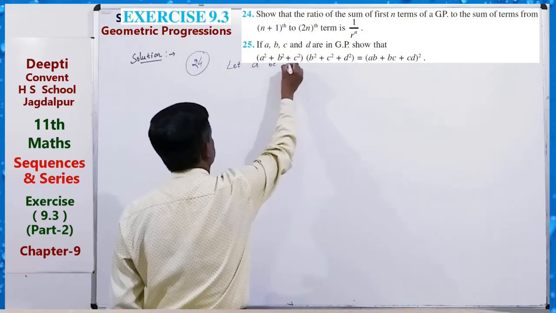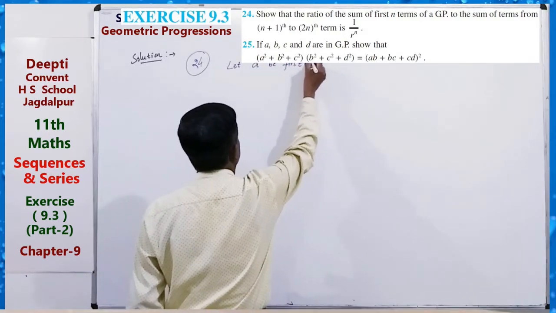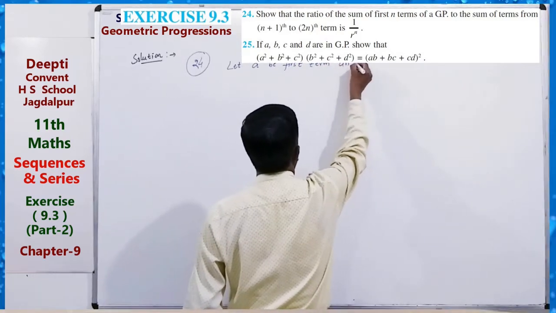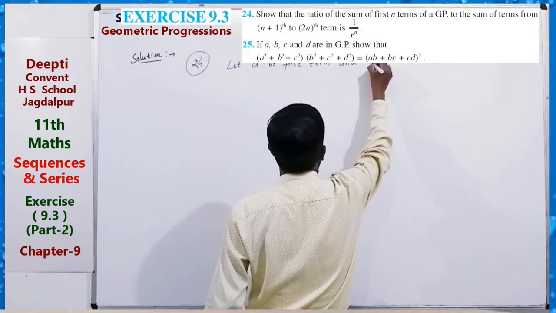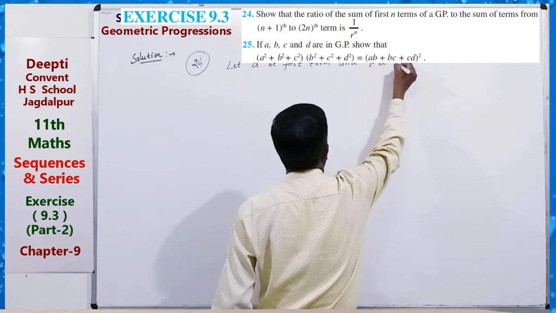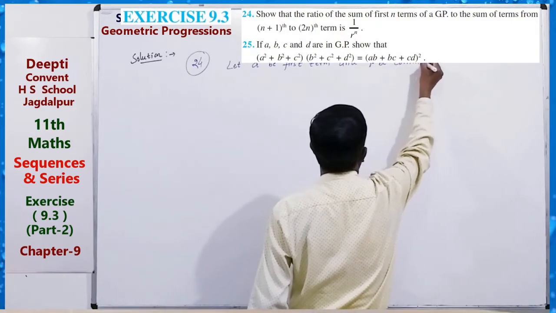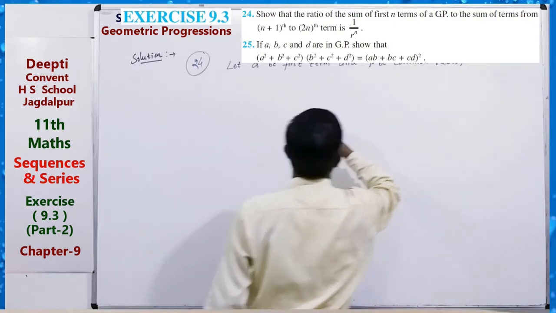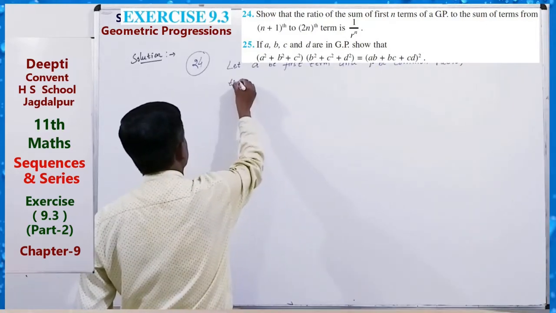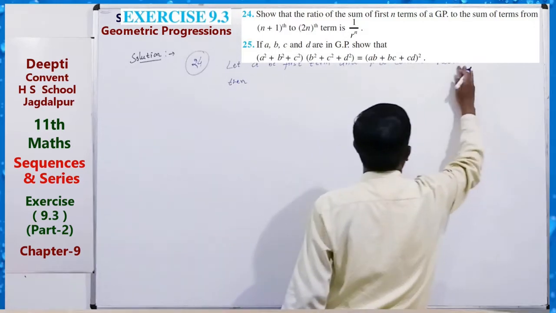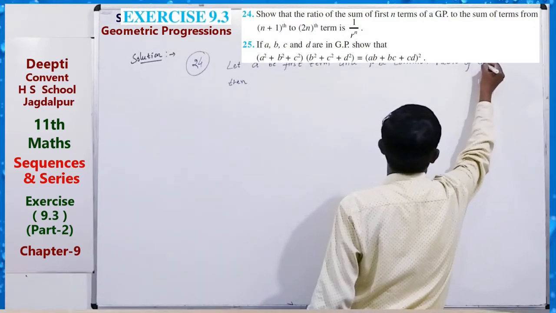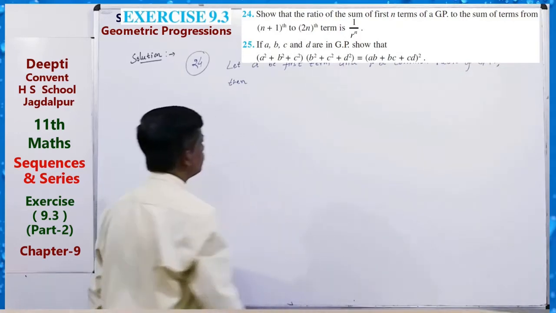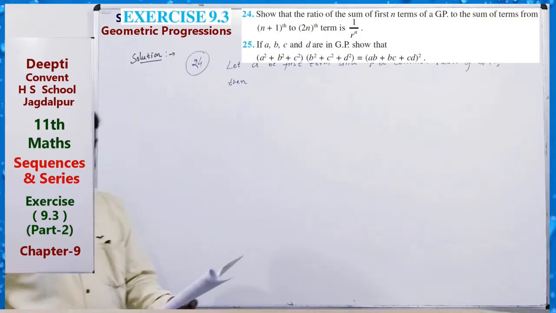Let A be the first term and R the common ratio. Then what?